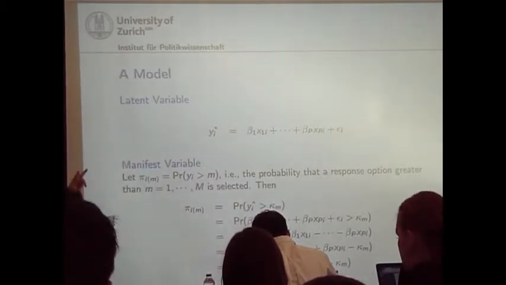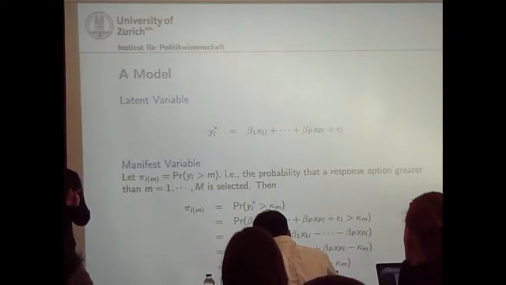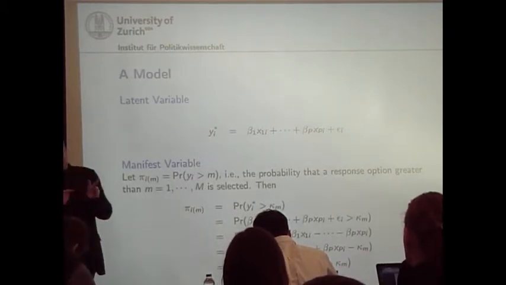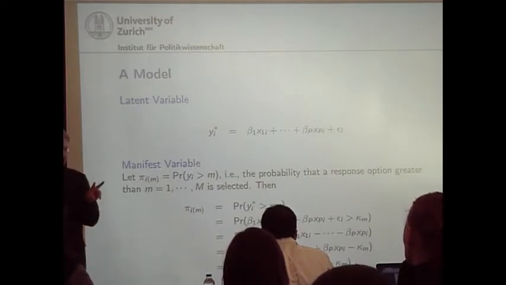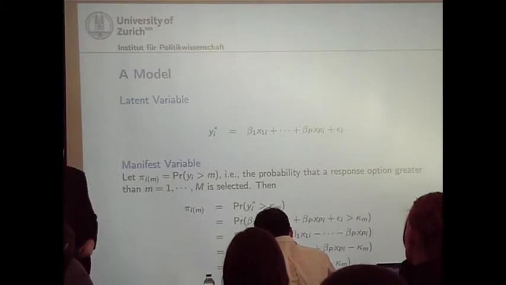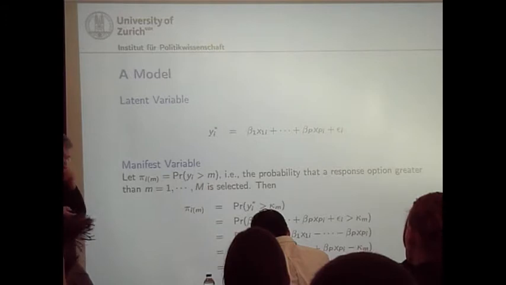That means we can only identify 2 cut points. If we also try to identify a constant, we're demanding too much from the data. So we drop the constant, we keep the cut points.